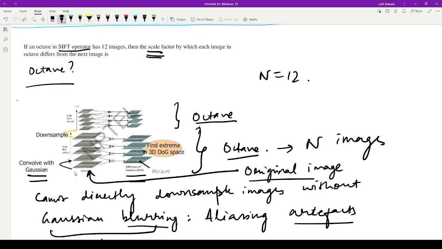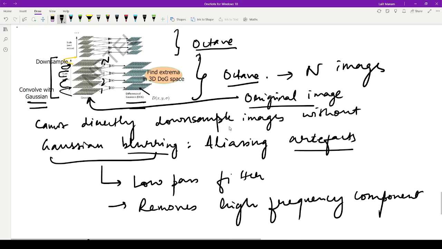We are convolving it with Gaussian recursively, right, until we downsample. So if you have images 1, 2, dot dot dot n, how many times did you convolve? n minus 1.